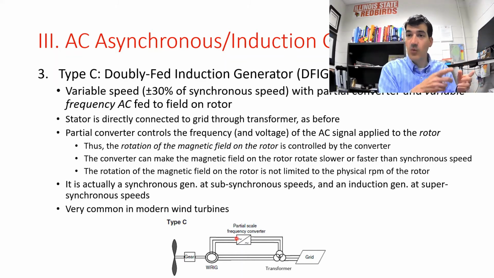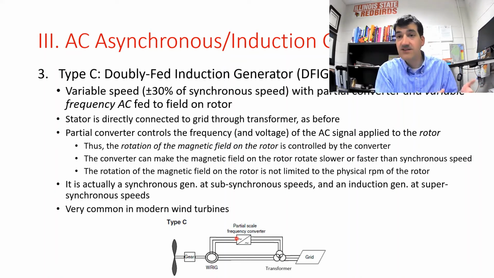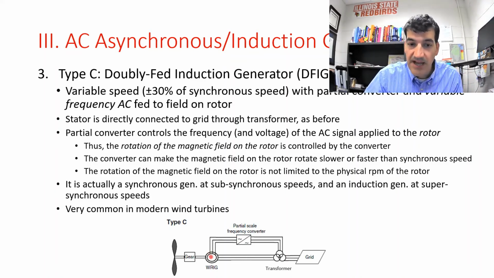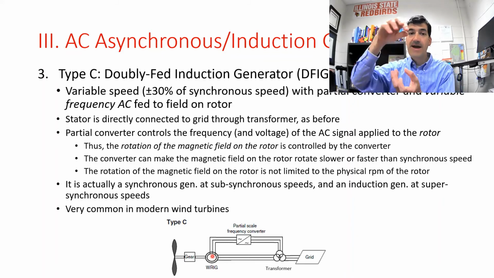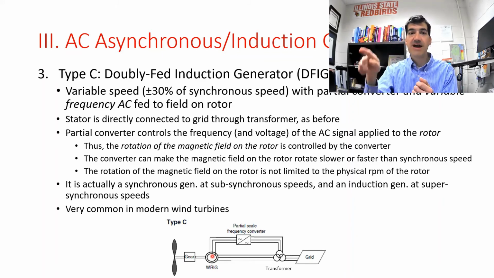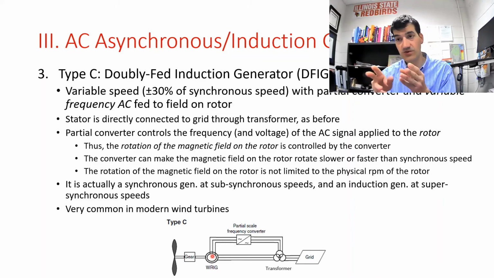I've actually got windings on the rotor, like I'm using an electromagnet on the rotor, but I can control the frequency of the AC that is applied to the rotor. And if I control the frequency of the AC that is applied to the rotor, I can actually control the rate that the magnetic field rotates around on the rotor, all right?